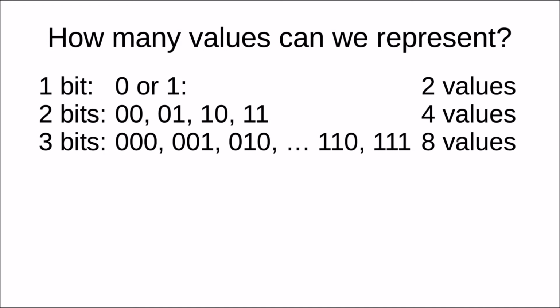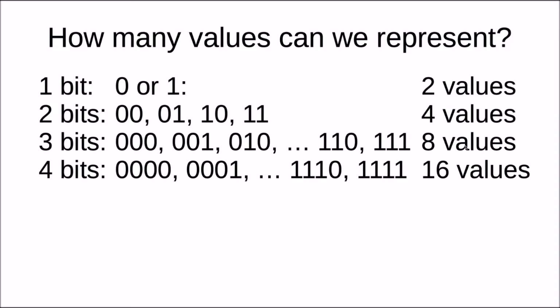What you may have noticed is that each time we add a bit, we double the values that we can represent. With a single bit, we had 2 values. 2 bits, it was 4 values. 3 bits, 8. And so 4 bits would be 16 values. Again, we doubled from 8 to 16. And essentially what happened is we took all the values for 3 bits.